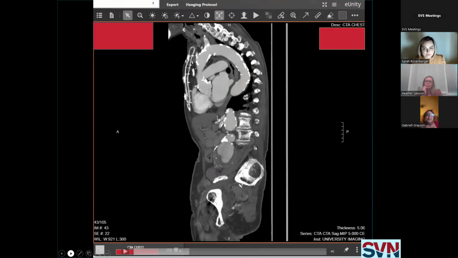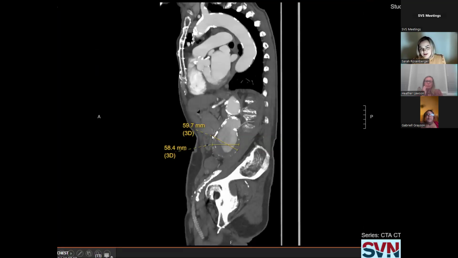However, this AP measurement that was on the axial plane is not terribly different from the true diameter of the aneurysm, despite the fact that it's tilting a little bit forward. So the degree to which that's going to matter or make a difference is really dependent on the way the aneurysm is sitting inside the patient.